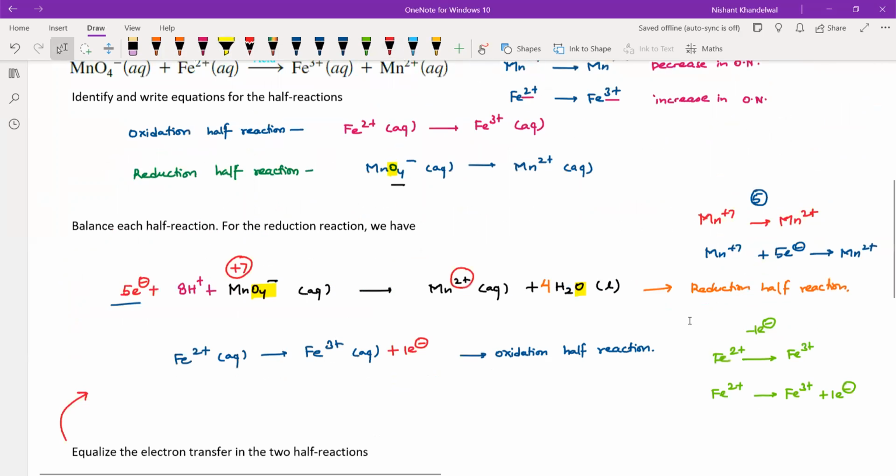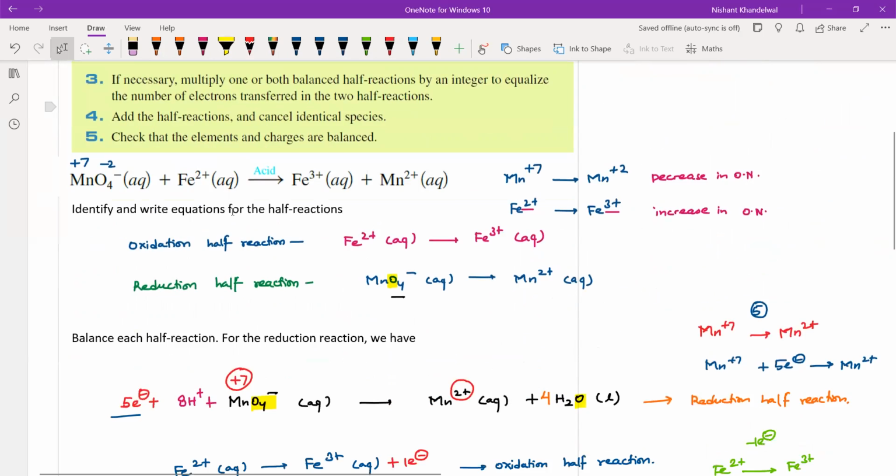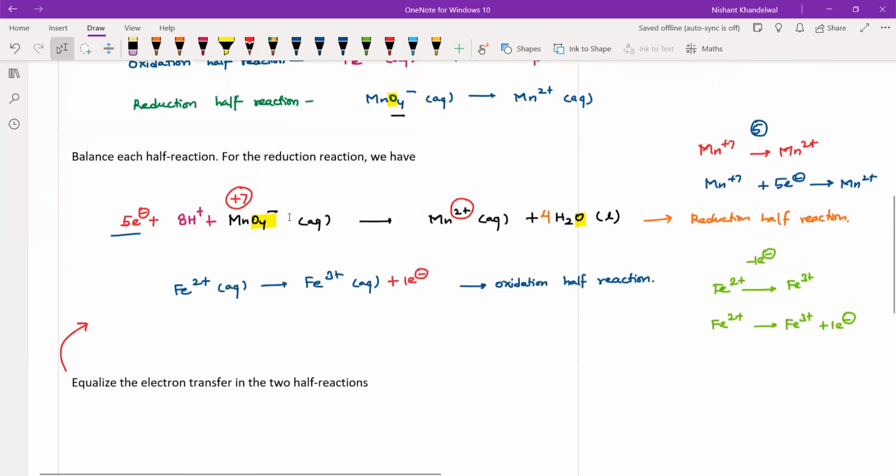Now we will move to the third point. Now everything is complete, and we have to just give it the final touch. I call them equation one and equation two. You have to add these in such a way that the electrons cancel each other.